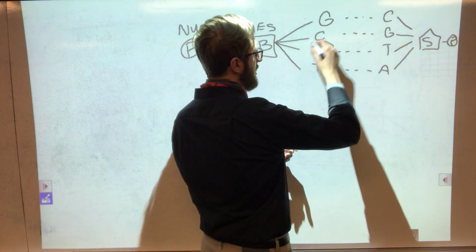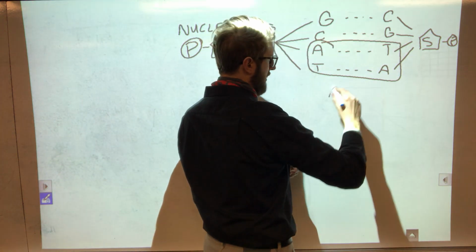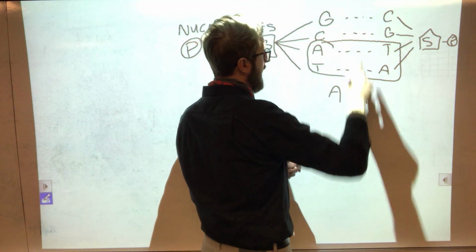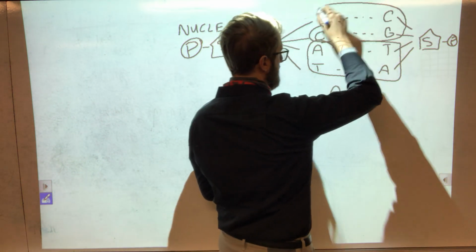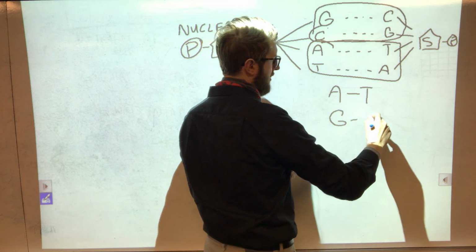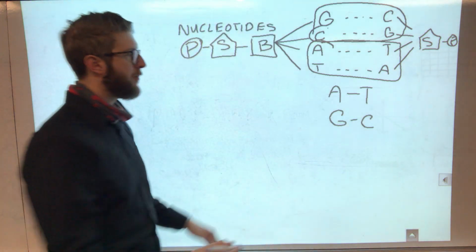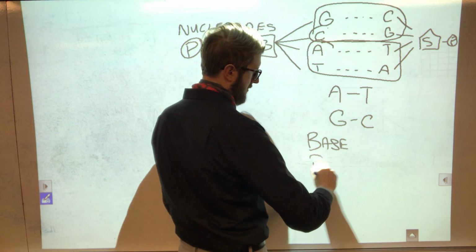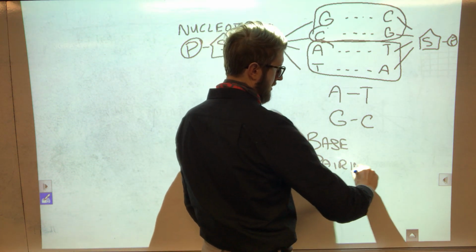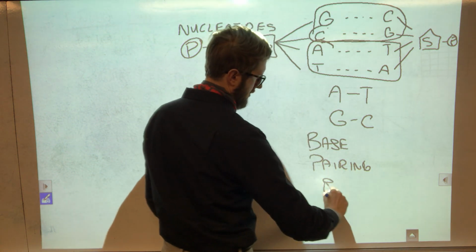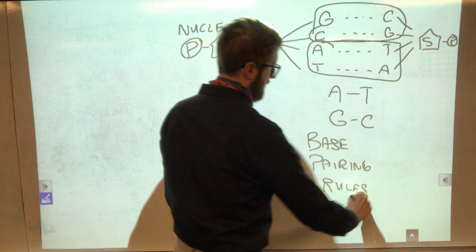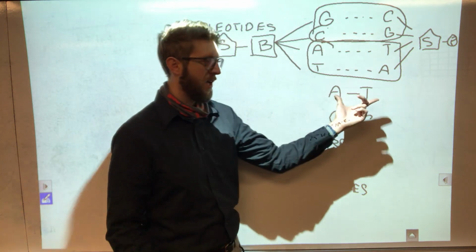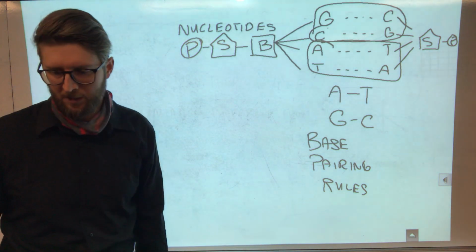So A and T always go together, right? And G and C are always across from each other. Okay, these are called the base pairing rules. G always with C, A always with T, okay?